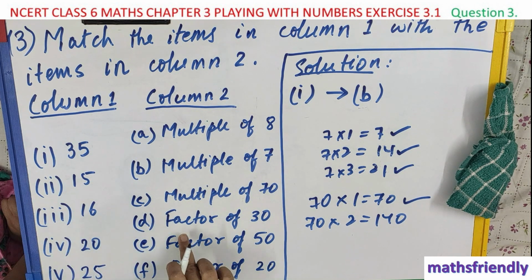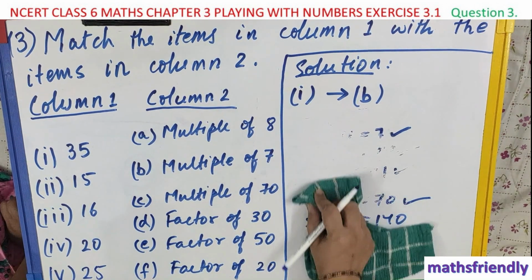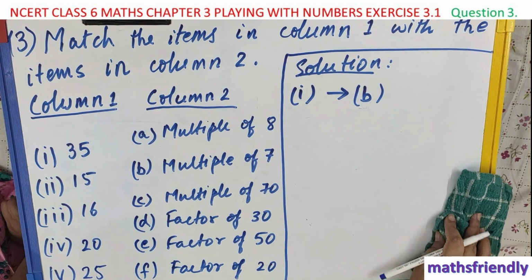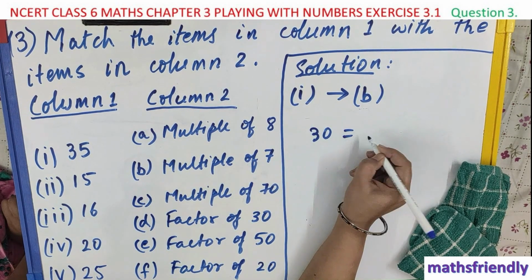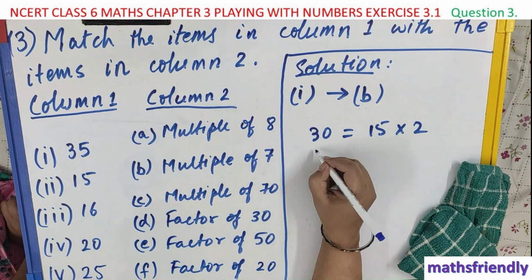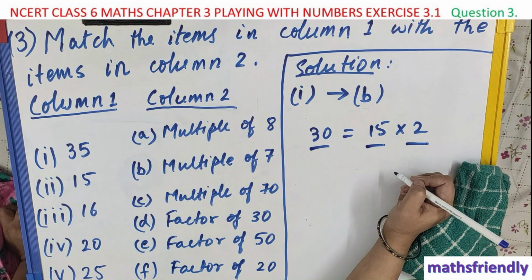Now, is 15 a factor of 30? Let us check whether 15 is a factor of 30 or not. Factor of 30 means, see, 15 twos are 30. So 30 can be expressed as 15 multiplied by 2.